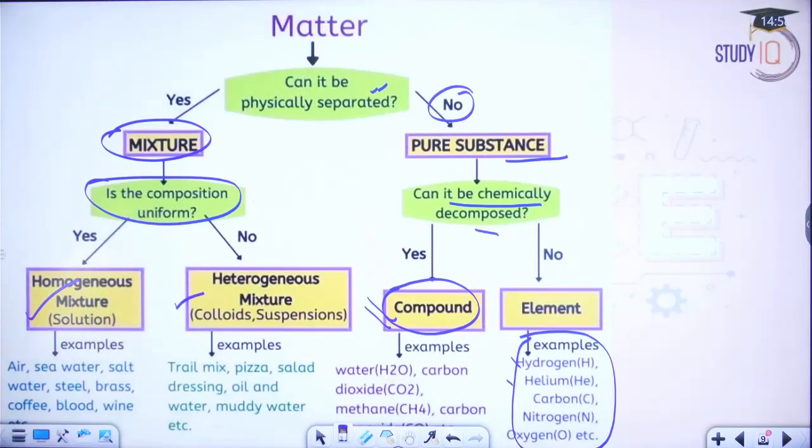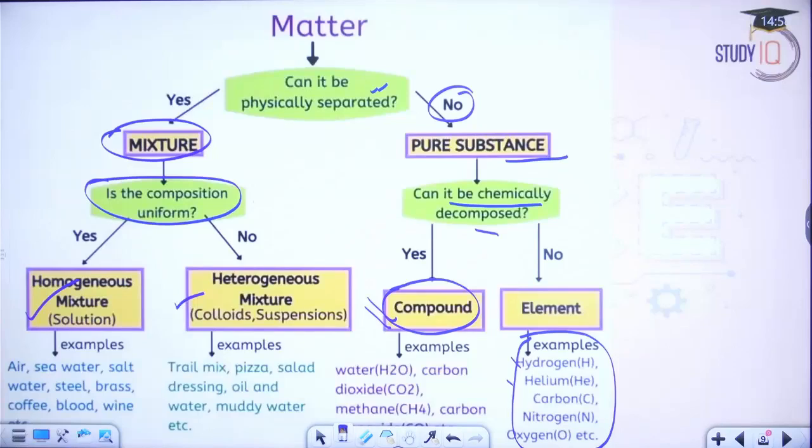For example, air is a mixture. Any kind of air usually has the same percentage of nitrogen, oxygen, carbon dioxide, and some other gases, isn't it? Same. So there is literally no difference.